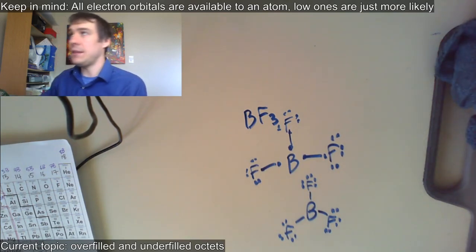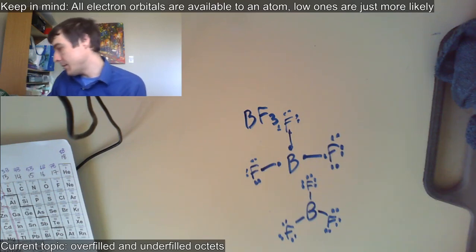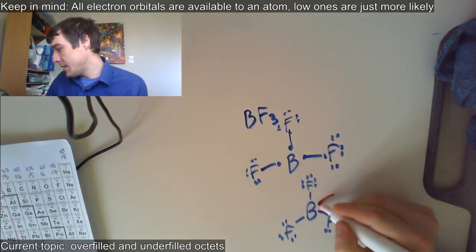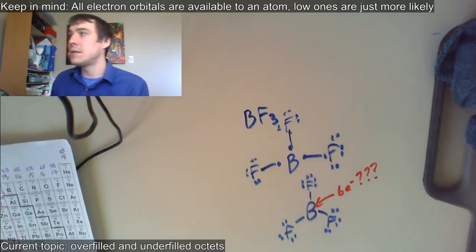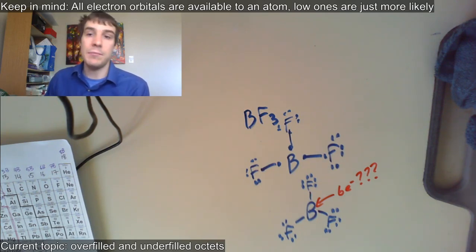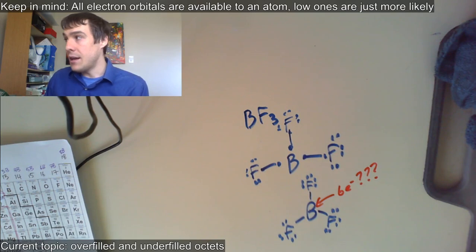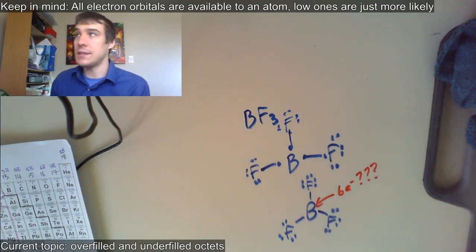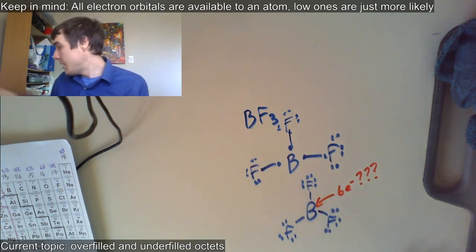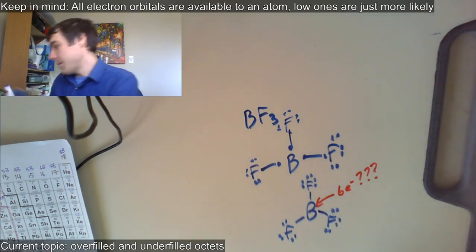Well, remember the octet rule. This boron is only seeing 6 electrons. And yet, this substance exists. We can create it, we can test it, and we can prove that BF3 is a thing. In fact, BF3 is very useful for chemists because it really wants electrons. It wants to steal electrons from other things. So yeah, BF3 is a thing.